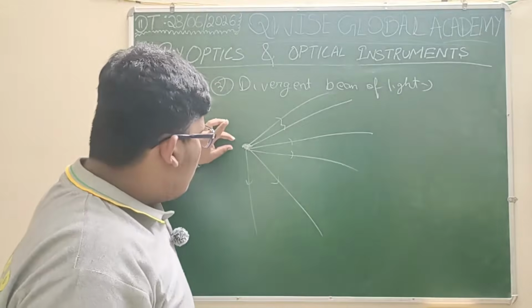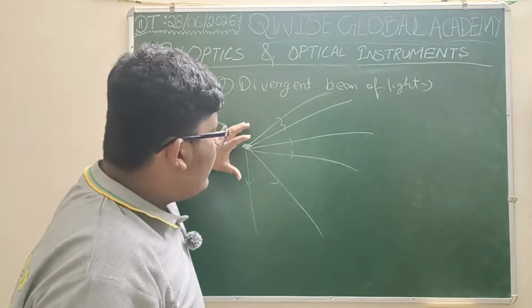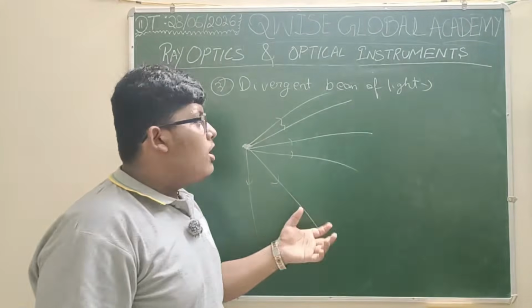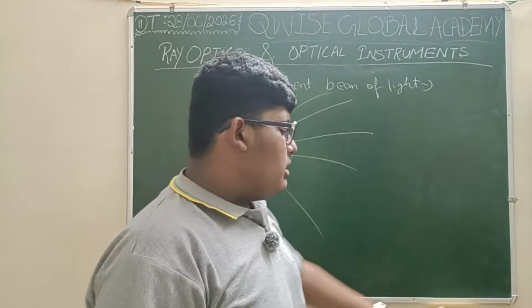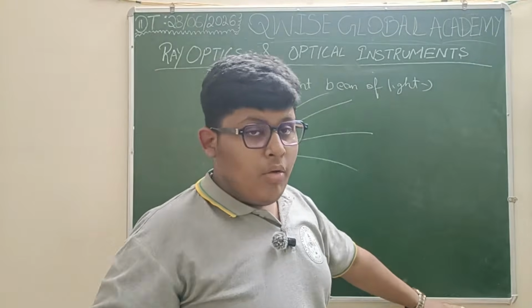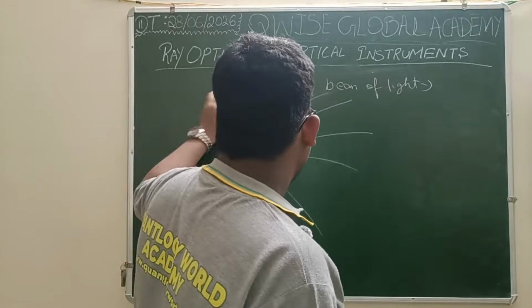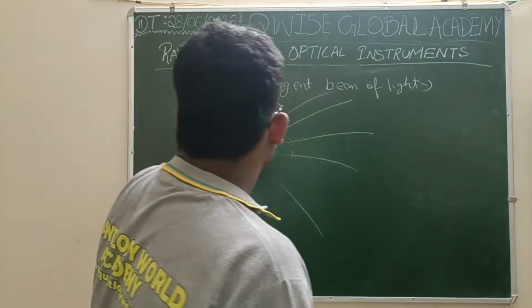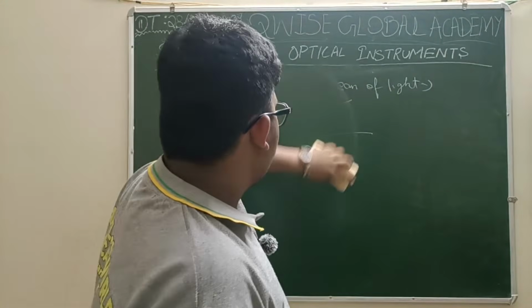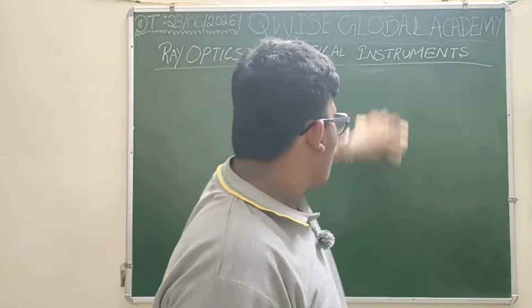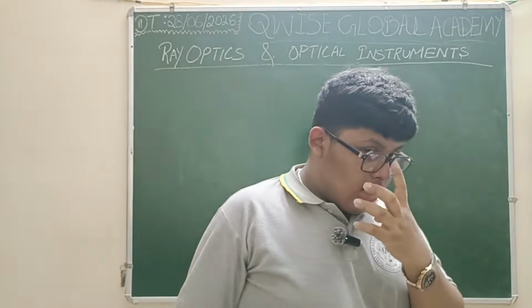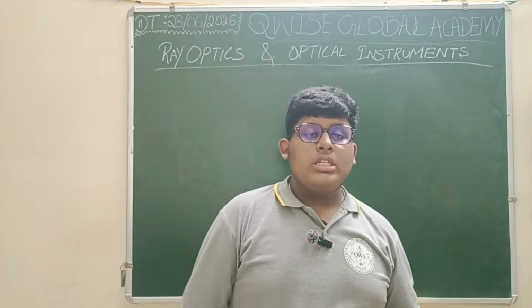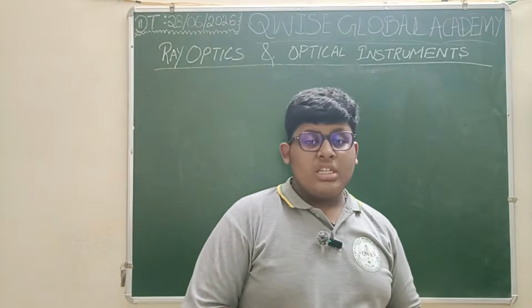When light rays come from a single point and diverge or deviate in different directions, this is called a divergent beam of light, and this is just the opposite of a convergent beam of light. So we have studied three types of beam of light. First is the parallel beam of light, next is the convergent beam of light, and the last one is the divergent beam of light.